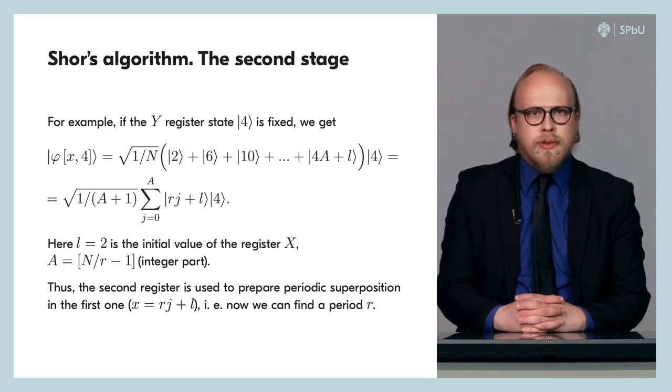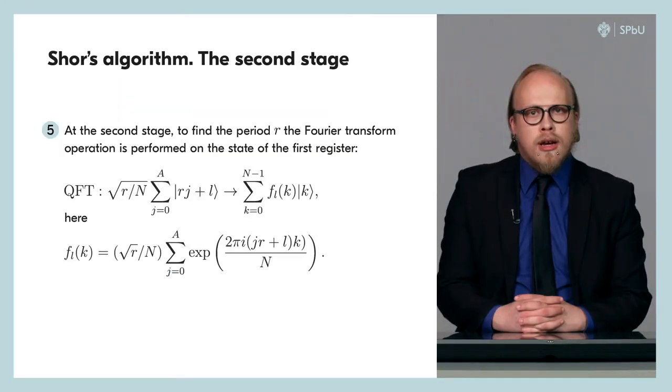Now we can find the period r using the Fourier transform. As a result, we obtain the sum of k from 0 to n-1, f hat of k multiplied by the state k. Here, f hat of k is the probability amplitude that determines with what probability pk the state k will be obtained when measuring the first register.